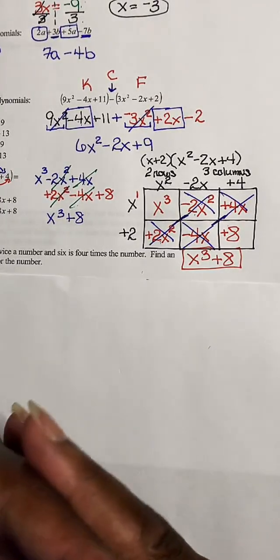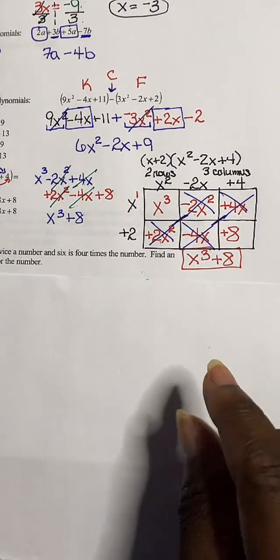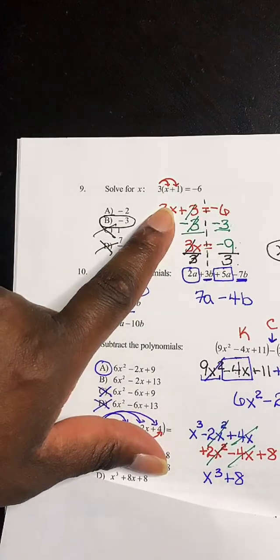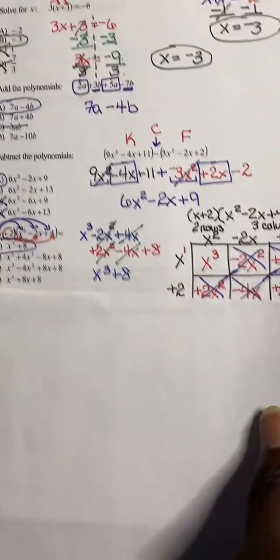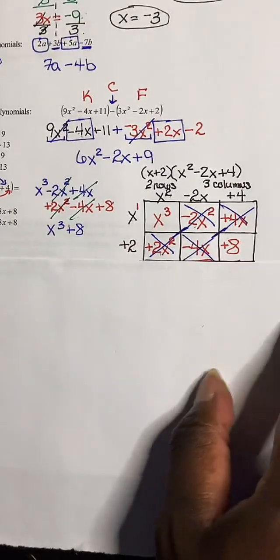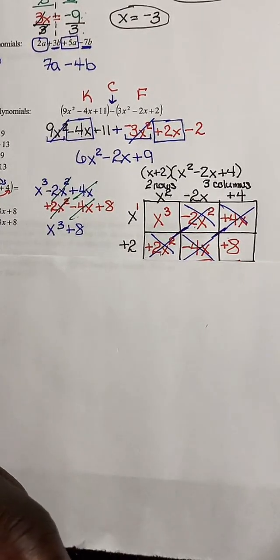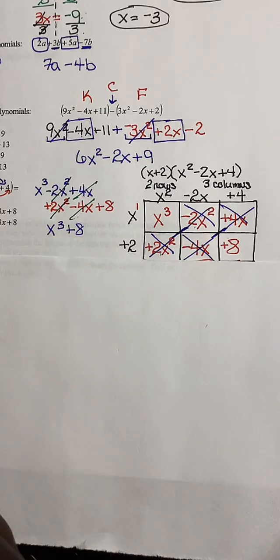Then there's algebra involved: anything dealing with the equation of a line, plotting points on a grid, inequalities, and solving one-step, two-step, multi-step equations, which we did with the distributive property, like we did here.